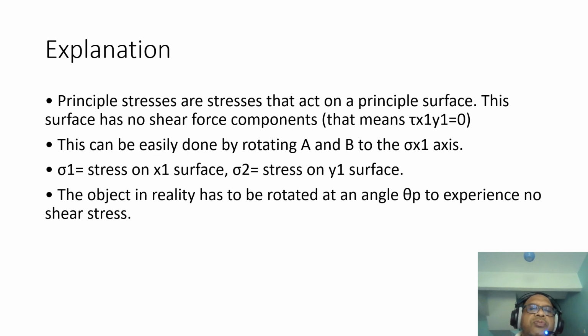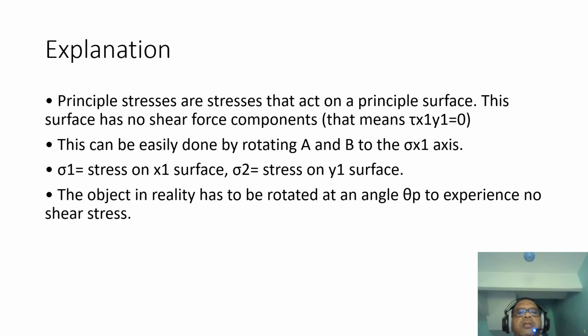This surface has no shear force component, that means tau x1y1 is equal to 0. This can be easily done by rotating A and B to the sigma x1 axis. So sigma 1 is the stress on the x1 surface, sigma 2 is the stress on the y1 surface. The object in reality has to be rotated at an angle theta p. Theta p is called the principal angle to experience no shear stress.